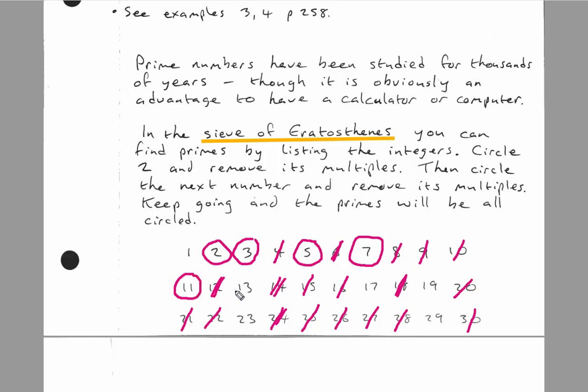Eleven is next. Cross out 22. 13. Cross out 26. It's already crossed out. 24. And yes, everything else is prime here.